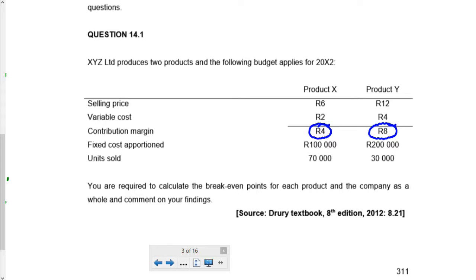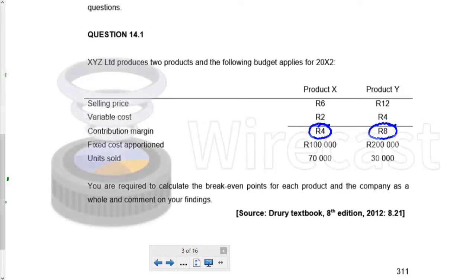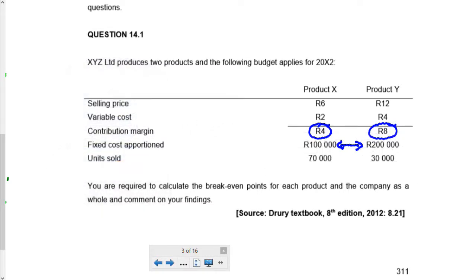Depending what basis you decided, if you decided units, labor, machine hours, or activity-based costing. This apportionment can change. So we're not really wanting to work with this apportionment in management accounting. So what we're going to say is fixed costs is 300,000.